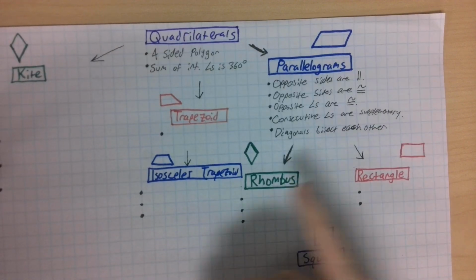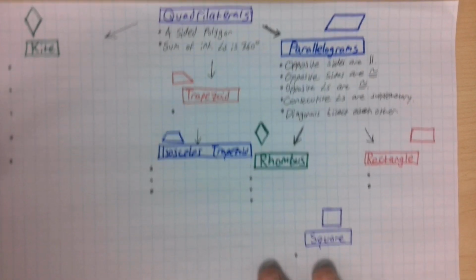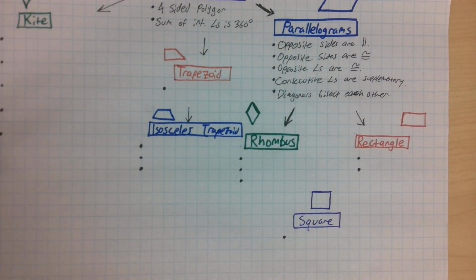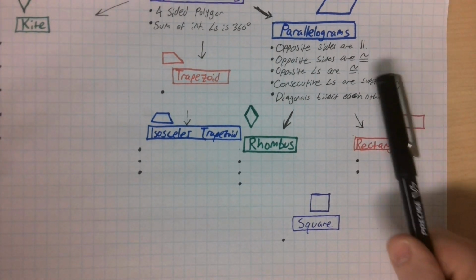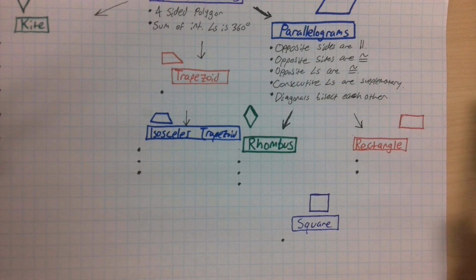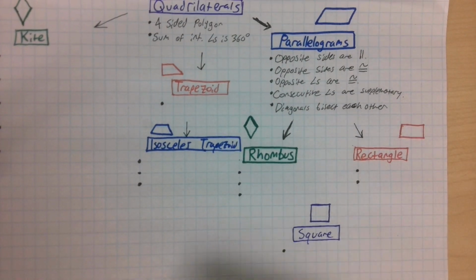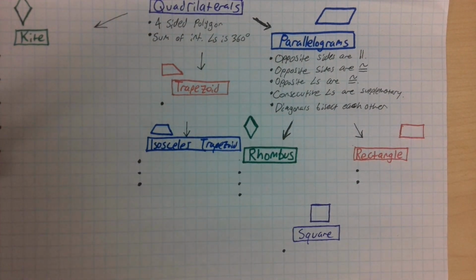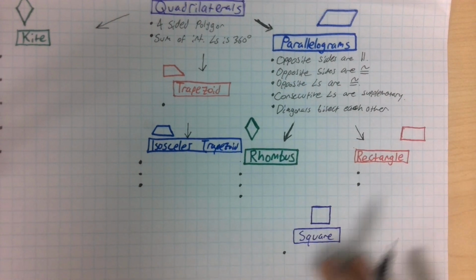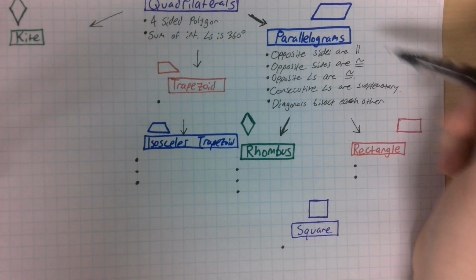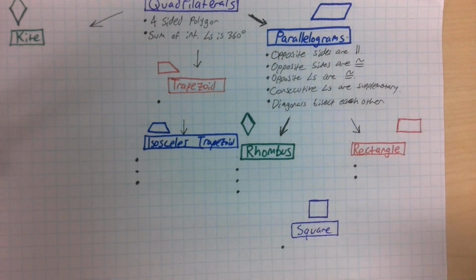For instance, rhombuses, rectangles, and squares are all types of parallelograms. They have opposite sides parallel, opposite sides congruent, opposite angles congruent. All these properties apply. So, because of the flowchart, all of the items down here, so like square, rhombus, rectangle, also fit the criteria of a parallelogram.